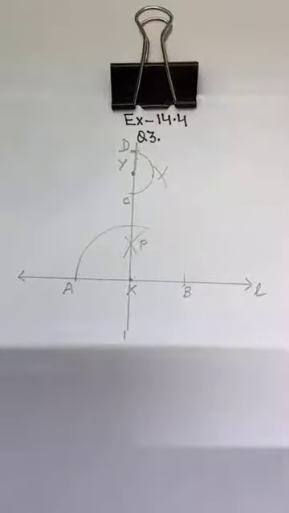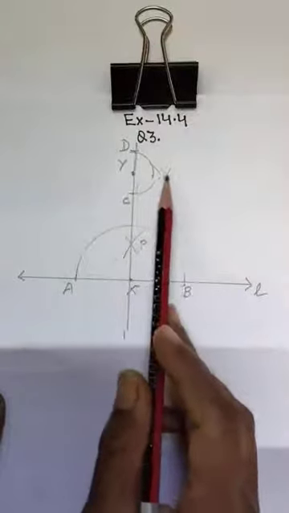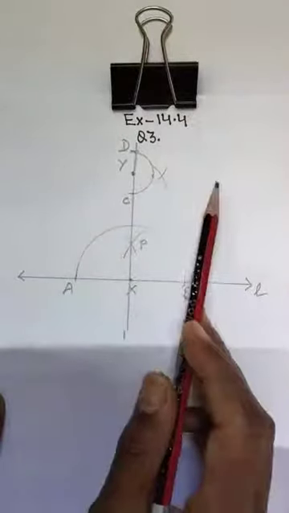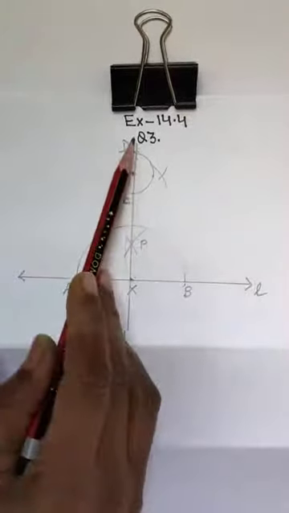It is given in the question that now you have to draw the perpendicular to XY at Y. At Y means that it will pass through Y. Y के ऊपर 90 degree का angle you have to draw the perpendicular. So what we will do? We will produce this line.